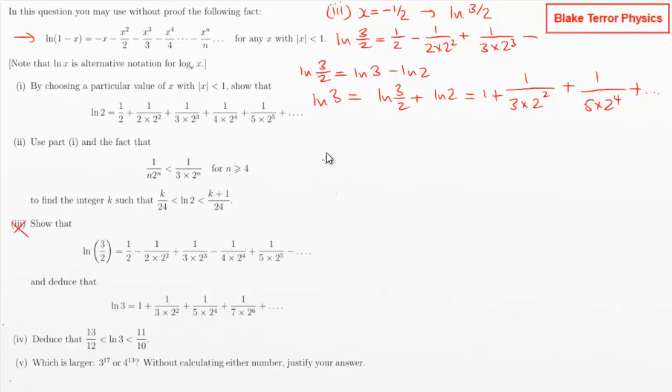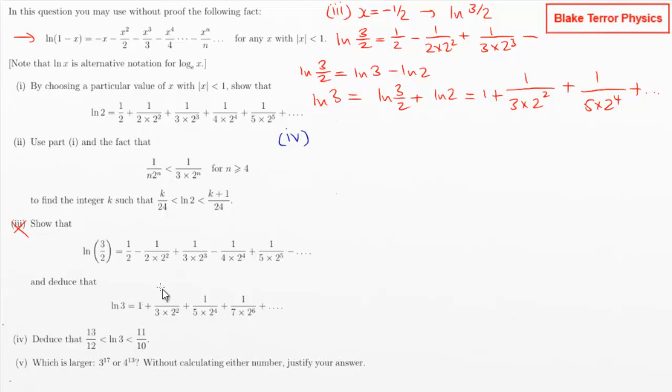Right, that was fine. Part 4. Deduce that 13 over 12 is less than log 3 is less than 11 over 10. Right, this is the same thing. We've just done this in part 2, and we just have to do it again. So what are we doing then? Can we do exactly the same?